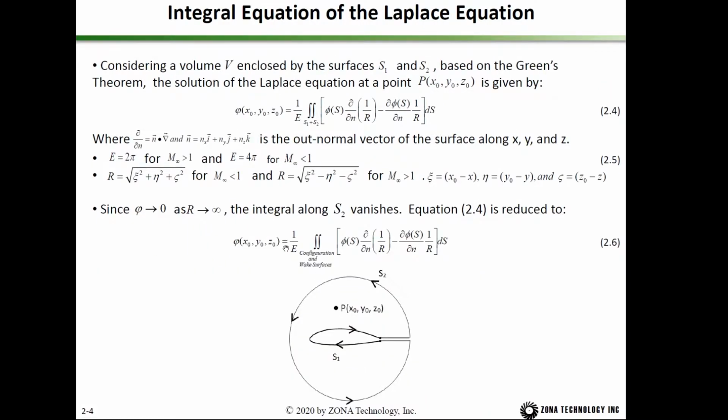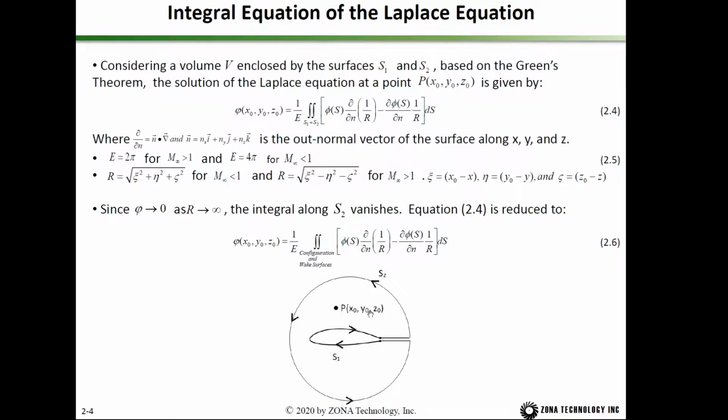And this Laplace equation has an integral solution. So if we consider a volume V enclosed by S1 and S2, S1 consists of the surface of the configuration and the wake.